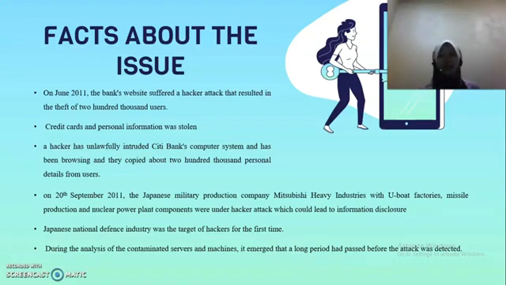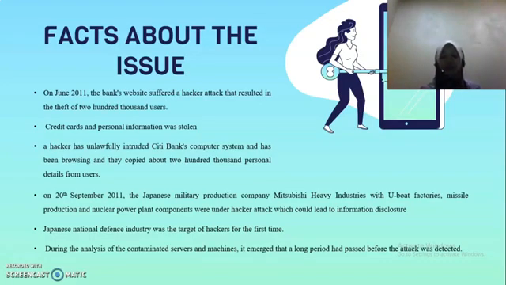This is the first time the Japanese national defense industry was the target of a hacker. And during the analysis of the contaminated servers and machines, it emerged that a long period had passed before the attack was detected.